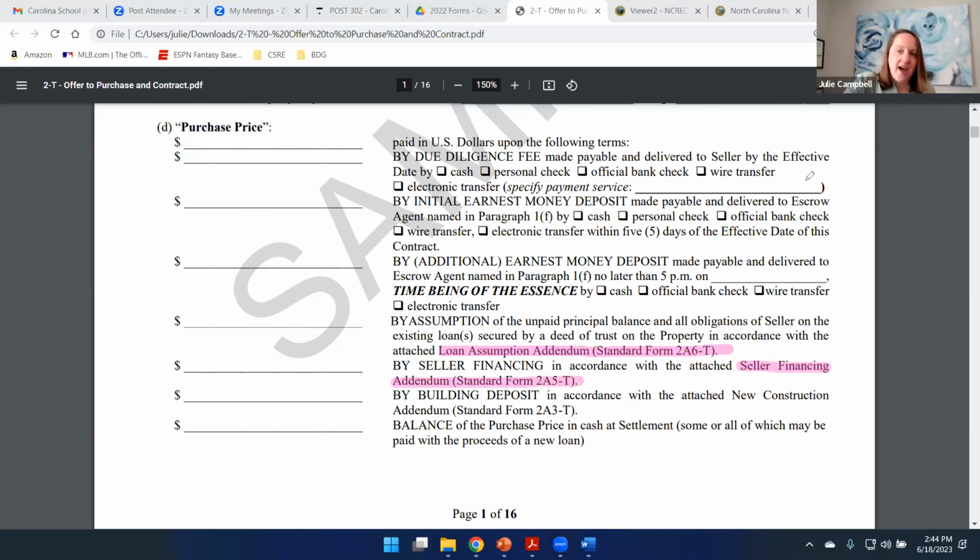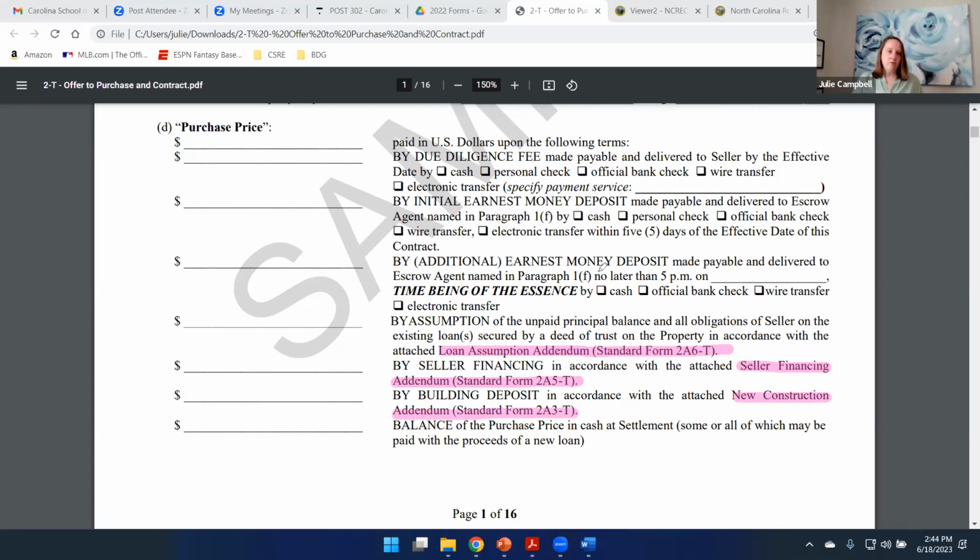We've got a form for that, the seller financing addendum. And then if it's new construction, there may be a building deposit. And again, we have instructions to use our new construction addendum. So when we need to use an addendum, the contract is really good about alerting us. They're letting us know, ooh, stop, you need an addendum.